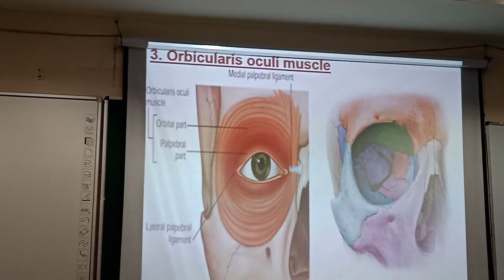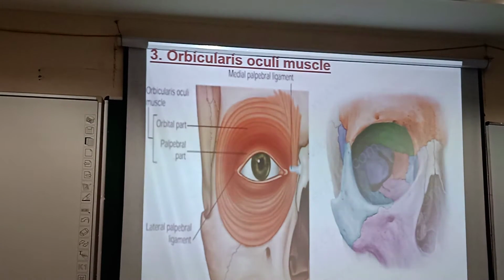And clinical significance is corneal reflex, in which a cotton swab is touched over the cornea and blinking occurs. The efferent fiber... MESA, that is motor is efferent and sensory is afferent.